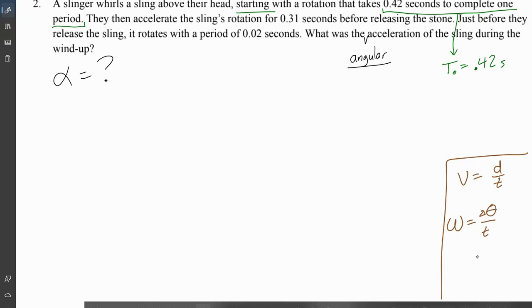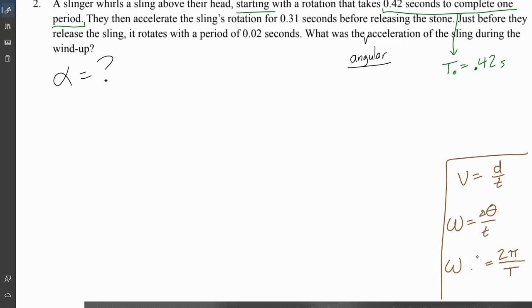But if it goes around one circle, how would we find angular velocity? Well, to go around one circle, this thing goes 2 pi radians. And how long did it take to do it? Well, it's the period.